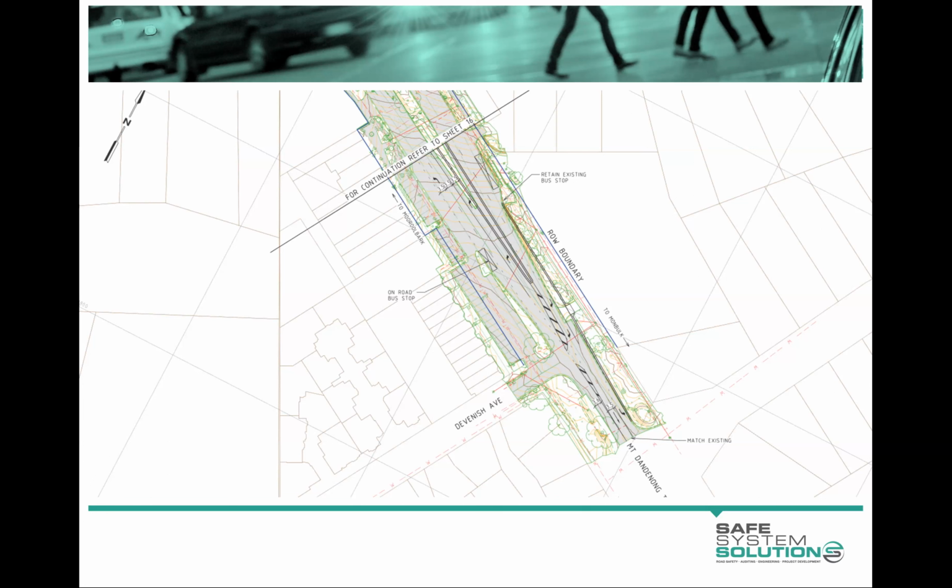In terms of treatments, we did a lot of toing and froing and backwards and forwards. Obviously, some way of separating the car park from the through traffic is really what we're trying to achieve.